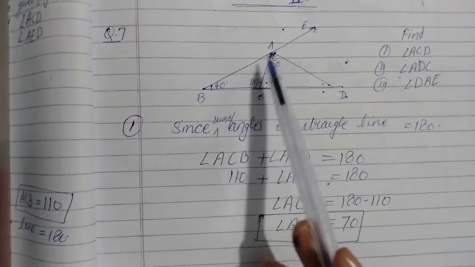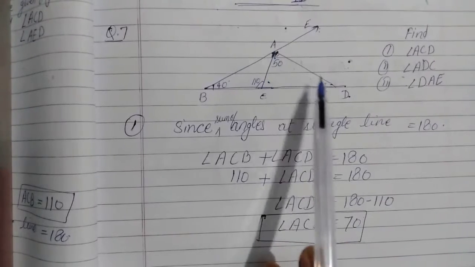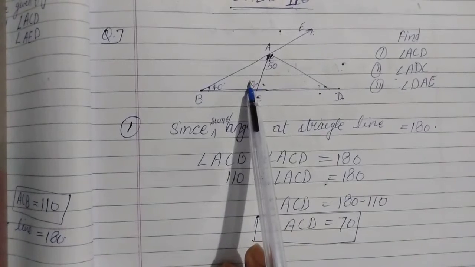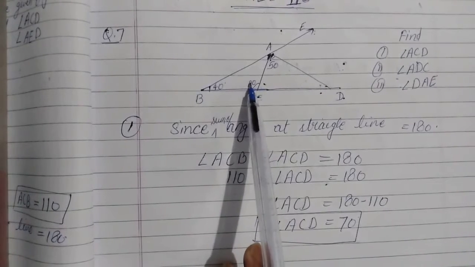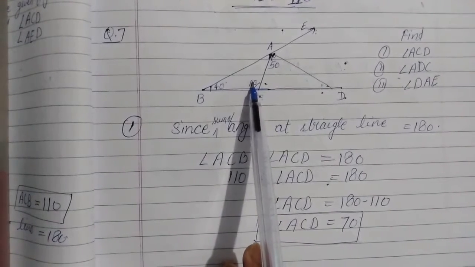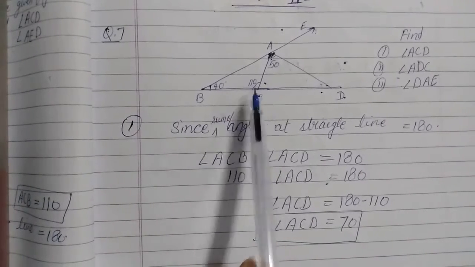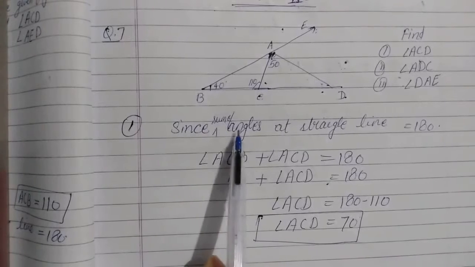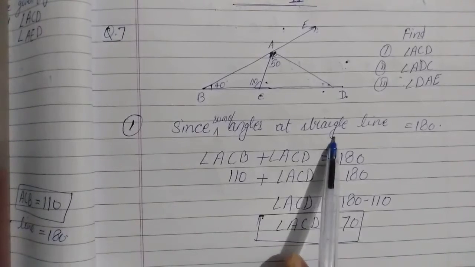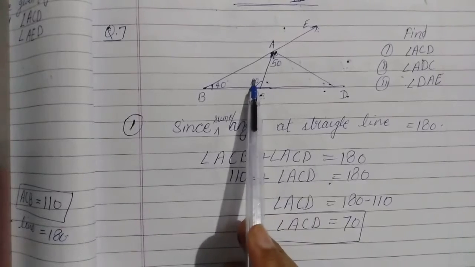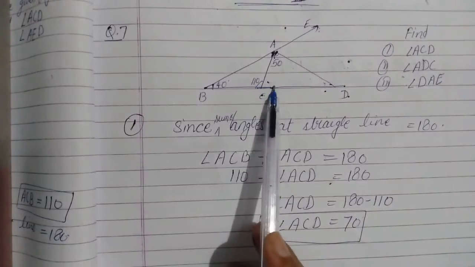What is ACD? ACD is very easy to find because this angle is given. So we will subtract this 110 from 180 so that we can find this C, because we know the sum of angles on a straight line is equal to 180. That means the sum of this angle and this angle is 180 degrees.